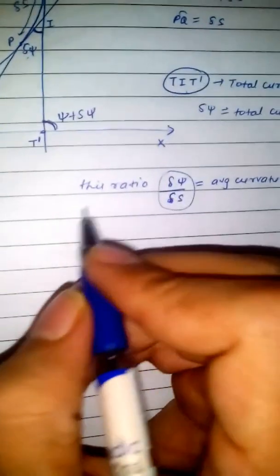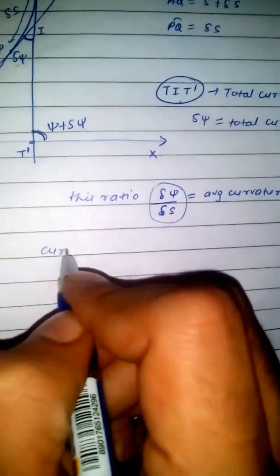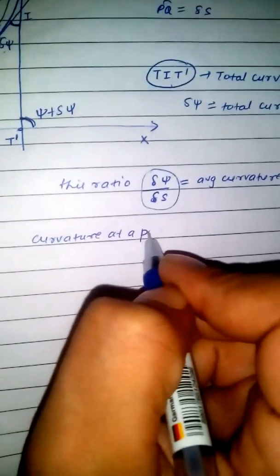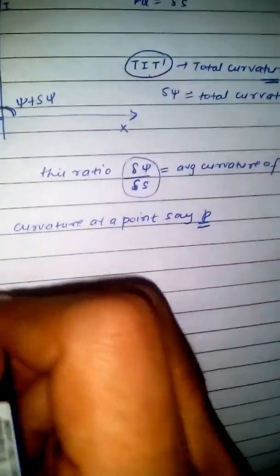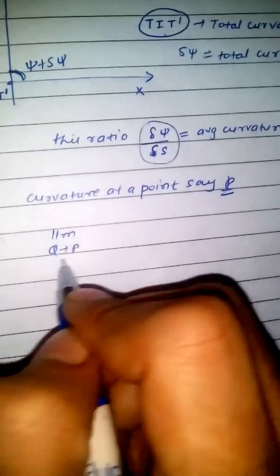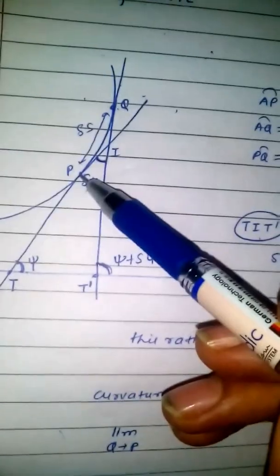Now, what is curvature at a point? Say at a point P. Curvature at a point P means the limit as point Q tends to point P. It means this point Q is nothing but the point P itself.